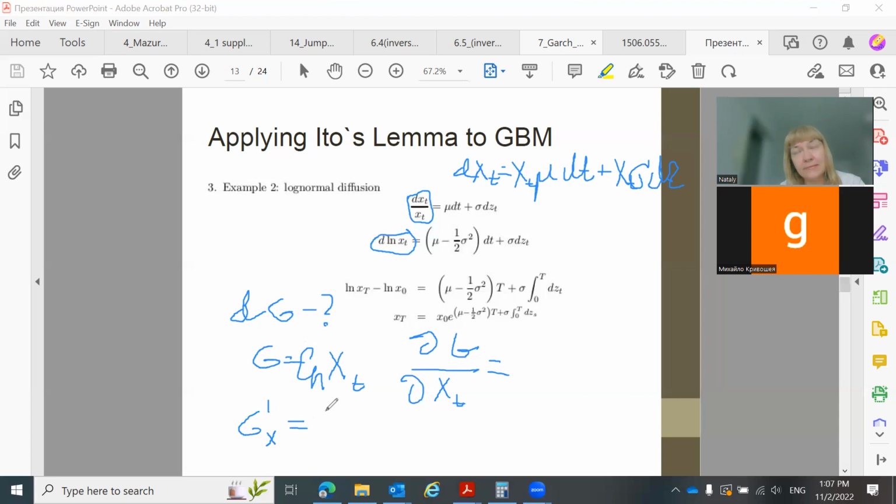I'll check. It equals 1 divided by x_t. Yes, okay. Thanks.